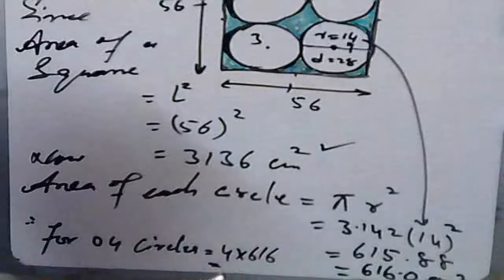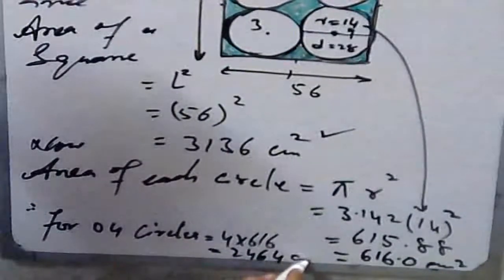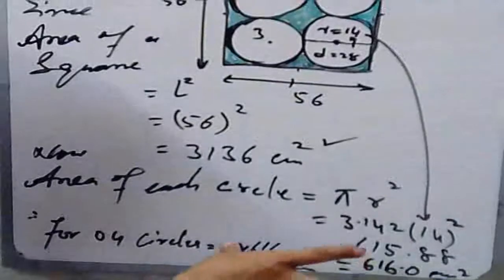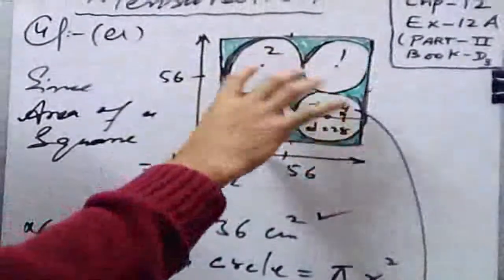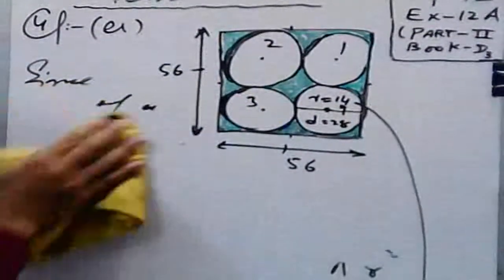After multiplication you will get 2464 centimeter square. So for the area of the shaded portion, you simply have to subtract, because you need the green portion.